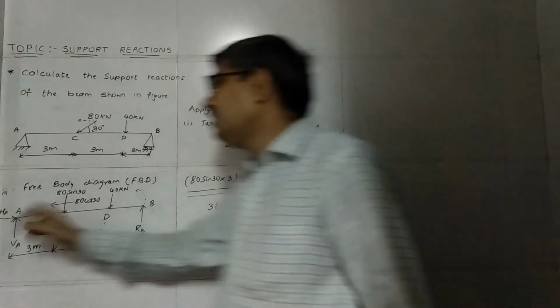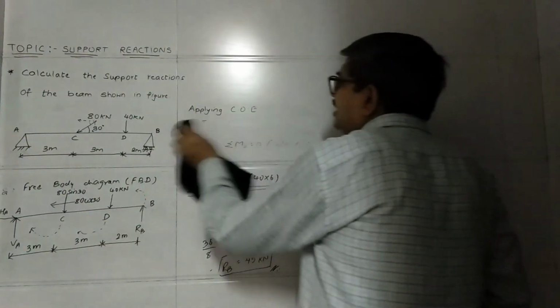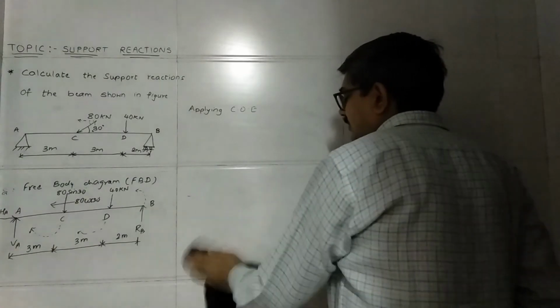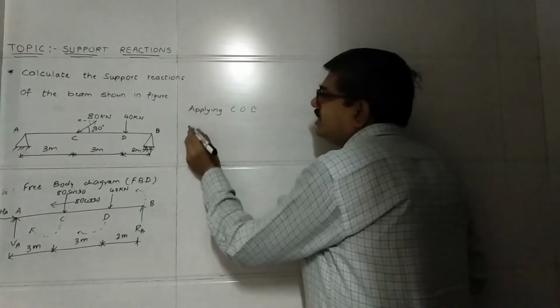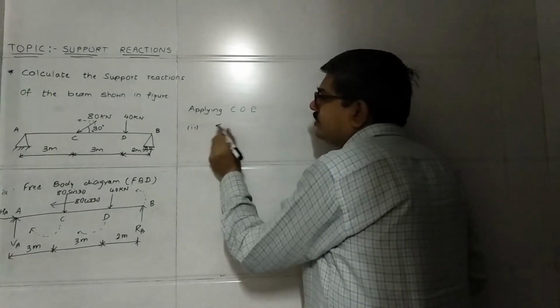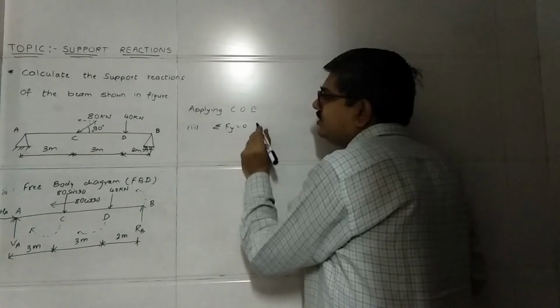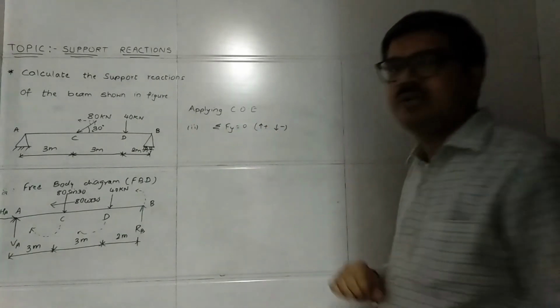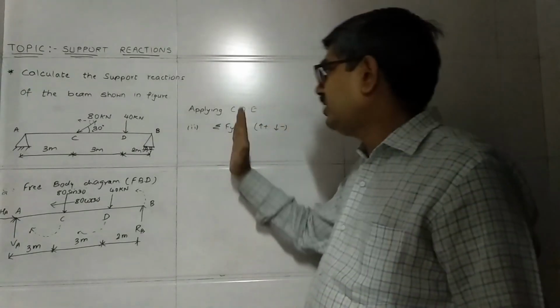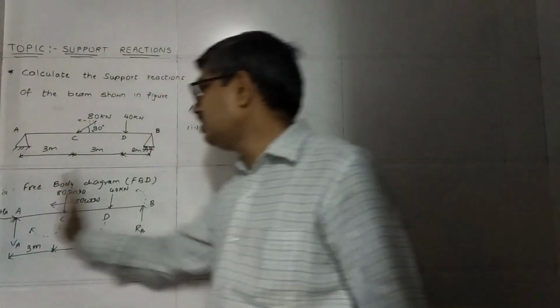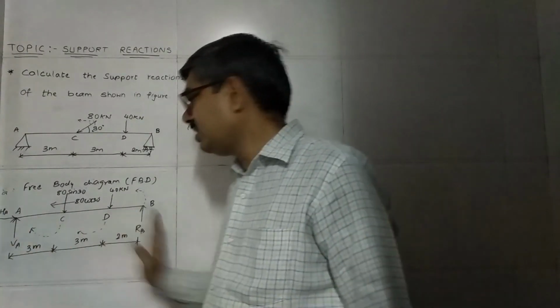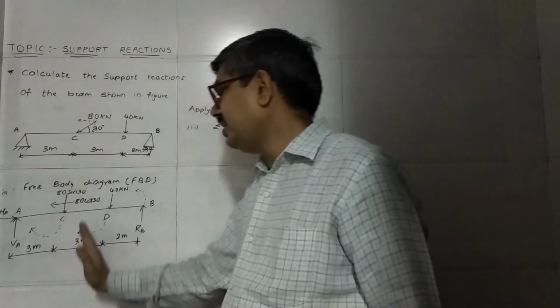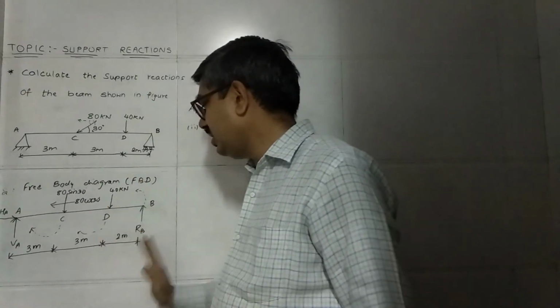Okay, now we'll find VA and HA. So now take the second condition of equilibrium, that is summation Fy equal to 0, vertical upward positive, downward negative. What is the meaning of summation Fy? You have to add all the vertical forces acting on the beam, including the reaction forces. So VA, 80 sin 30, 40 and RB.